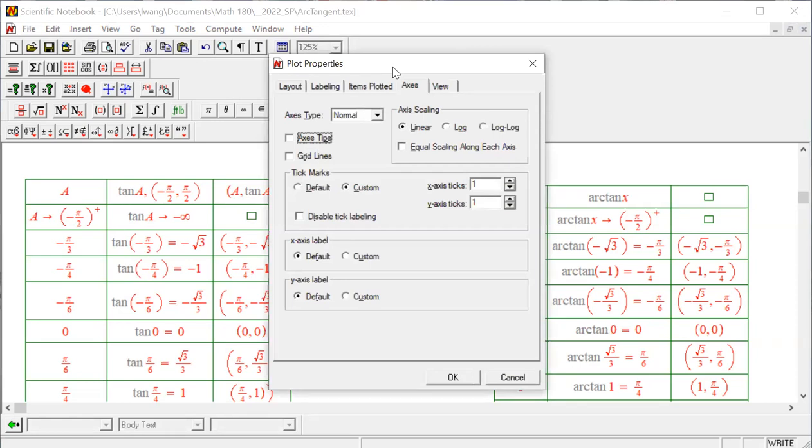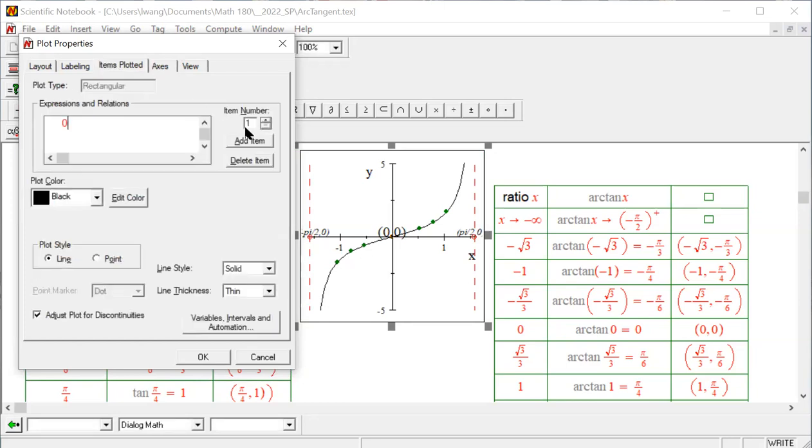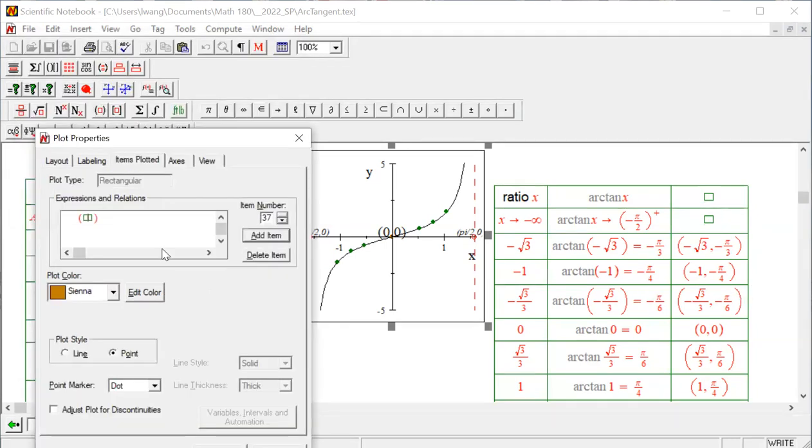We're going to plot these points, so we have to choose a color. The first point is negative root 3, and the angle is negative pi over 3.